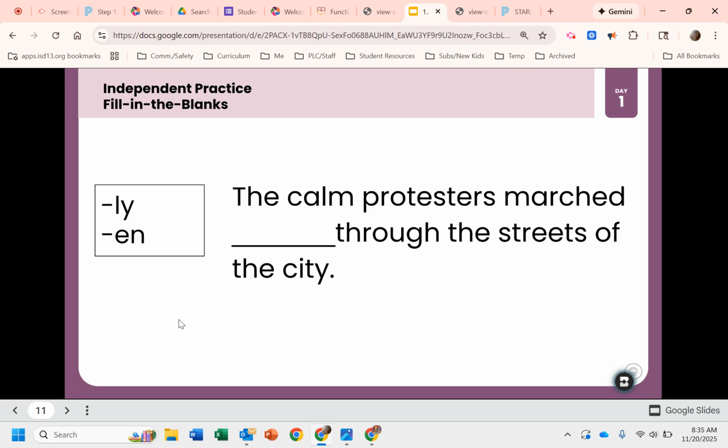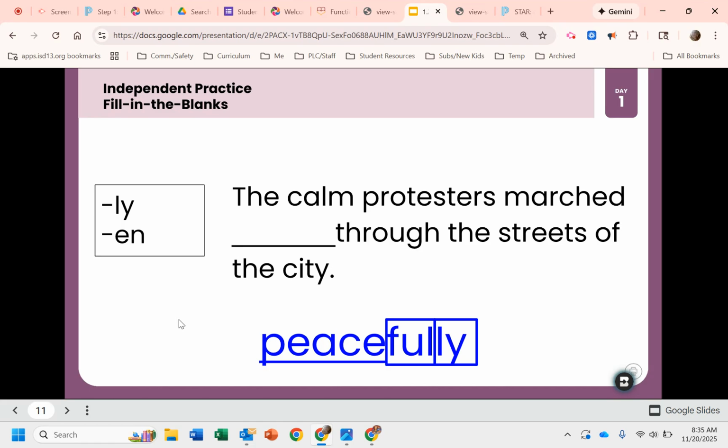Here's a hint. I'm asking, how did the calm protesters march? They marched. It's going to end in ly. Let's see what word they gave us. Peacefully. Go ahead and mark it.